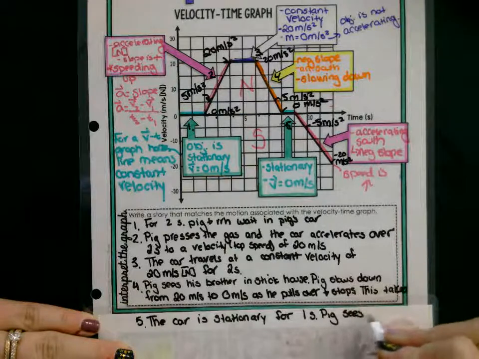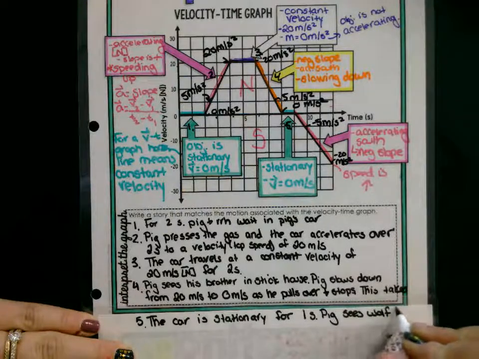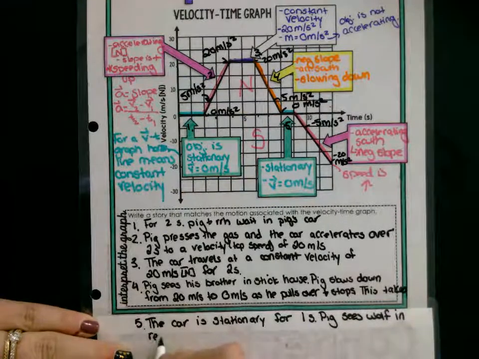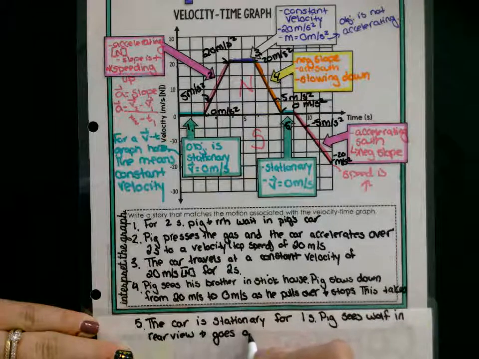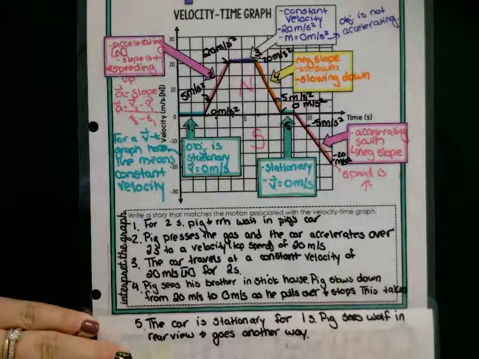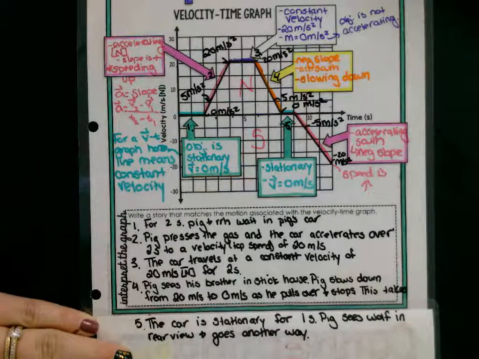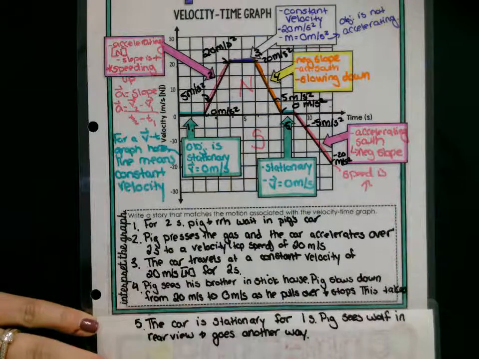Pig sees the wolf in the rear view and goes another way, because clearly the wolf knows where he's heading and he doesn't want to head that way. He needs to go a different way.